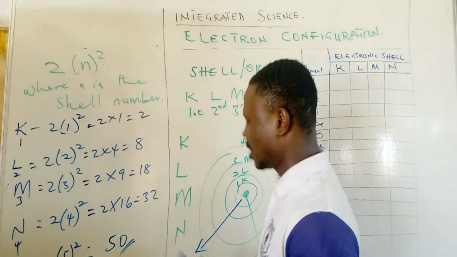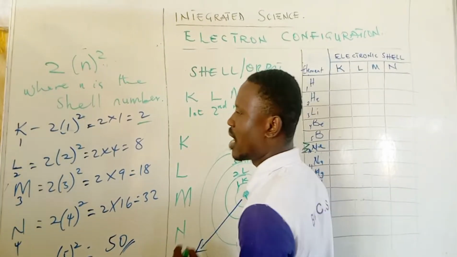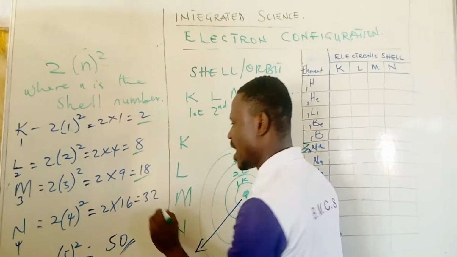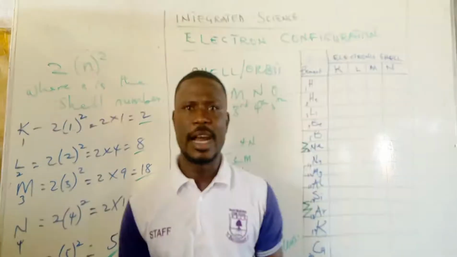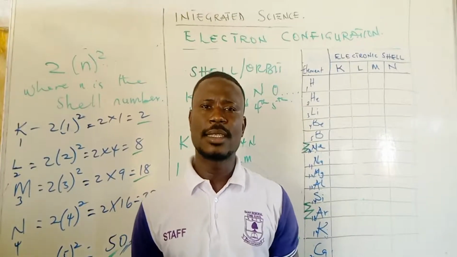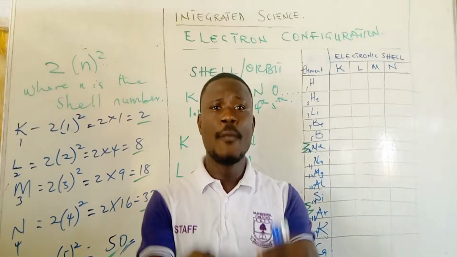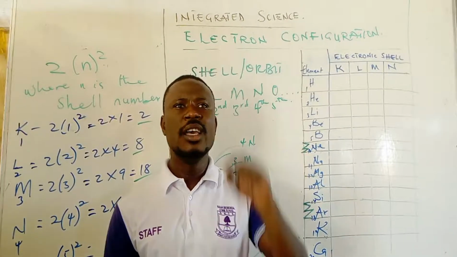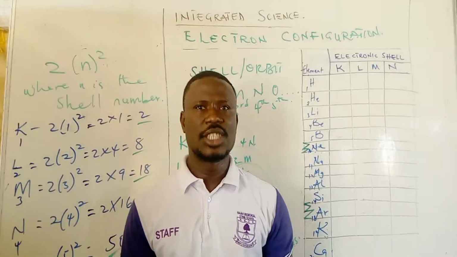But for the first 20 elements, there is this rule that says that all elements up to 20 have a maximum of 8 electrons aside from the first shell. Saying this, it means that our K shell can contain 2 electrons, L contains 8 maximum, M 8, and N 8.